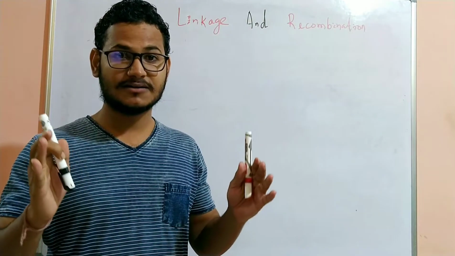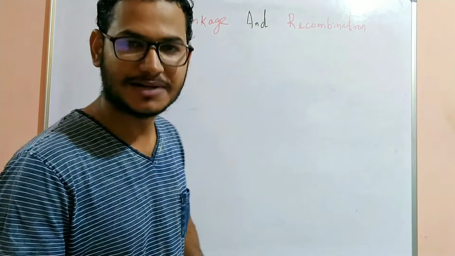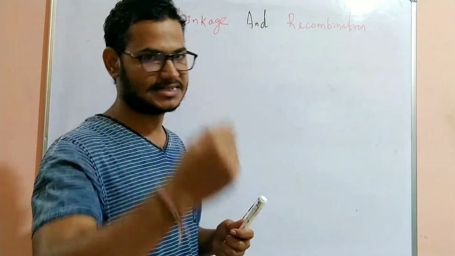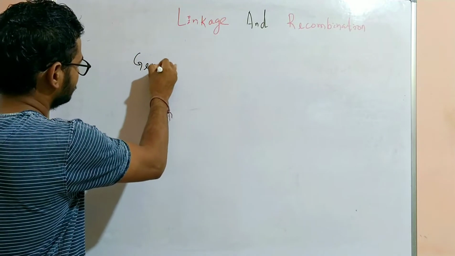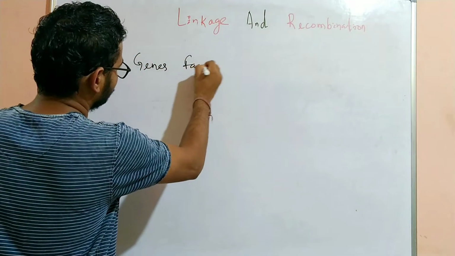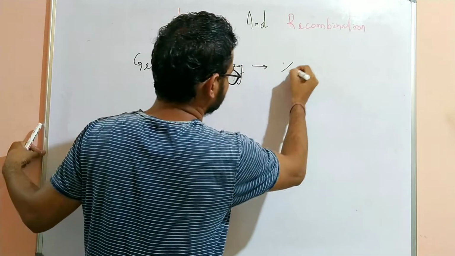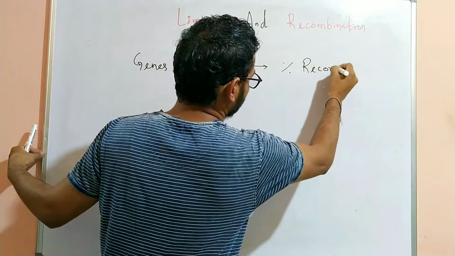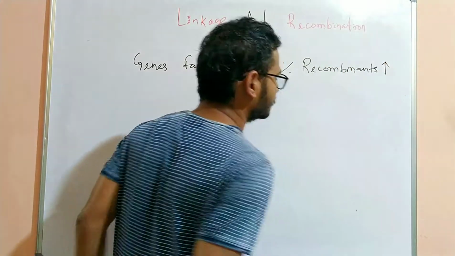When genes are far away, at that time the percentage of recombinants is high. So we can write down: genes far away, at that time the percentage of recombinants will be more.